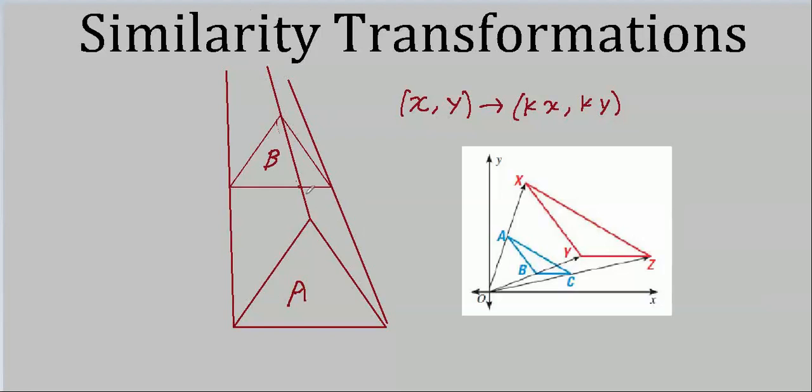And if you put the corresponding parts of the original image right on the rays, you will get a triangle similar to this one. In other words, you will be performing a similarity transformation.